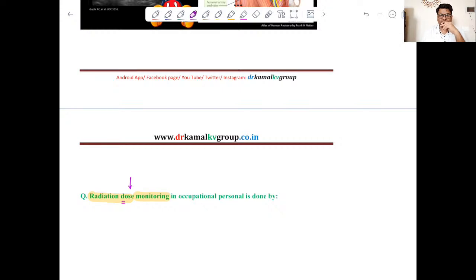Now what is that device known as? What is this device known as, which we use to monitor the amount of radiation exposure to the persons working in the radiology setup?